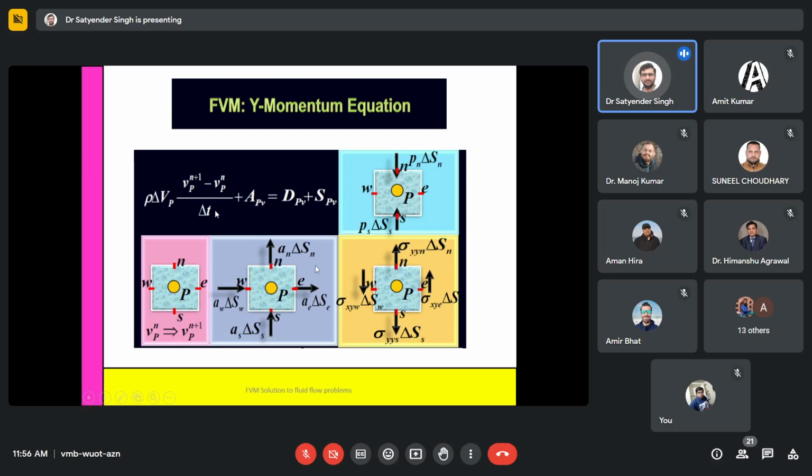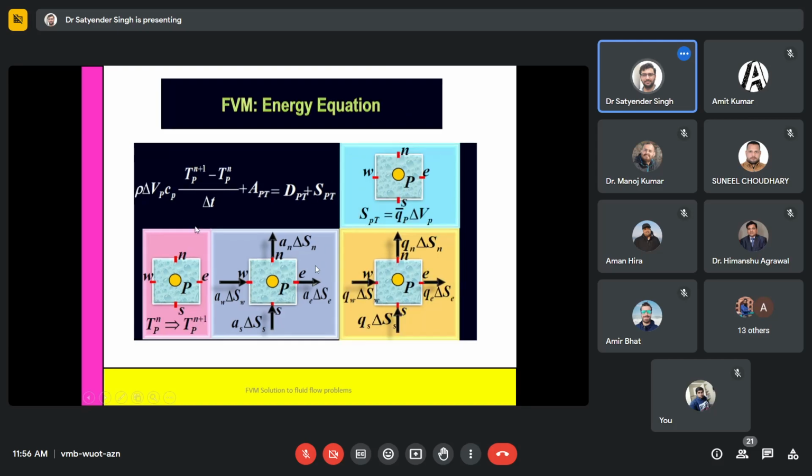But when you want to represent the change of variable with respect to time, then you need to solve for UP at n plus 1. In a similar way for energy, we have similar equations with terms like advection, diffusion, and source terms, and we solve there for temperature at the cell center for the next time level.